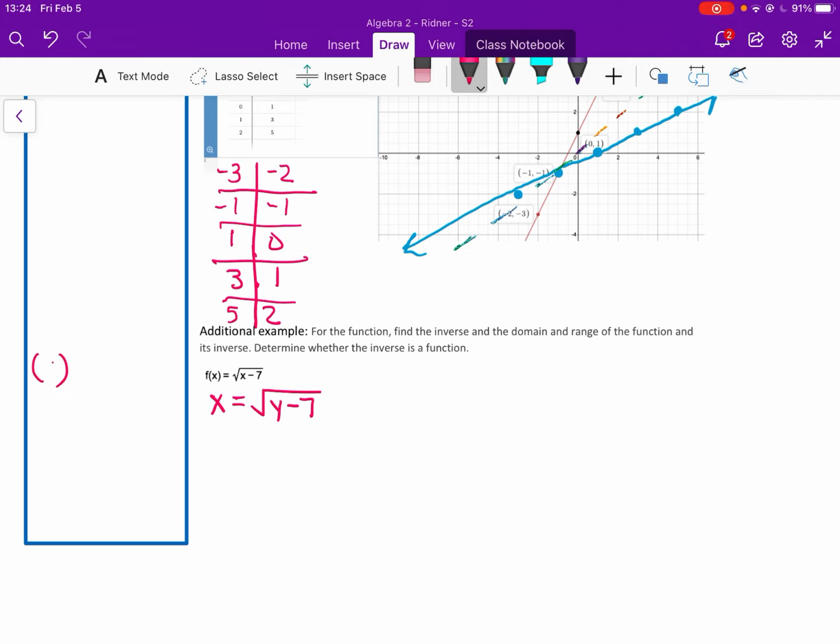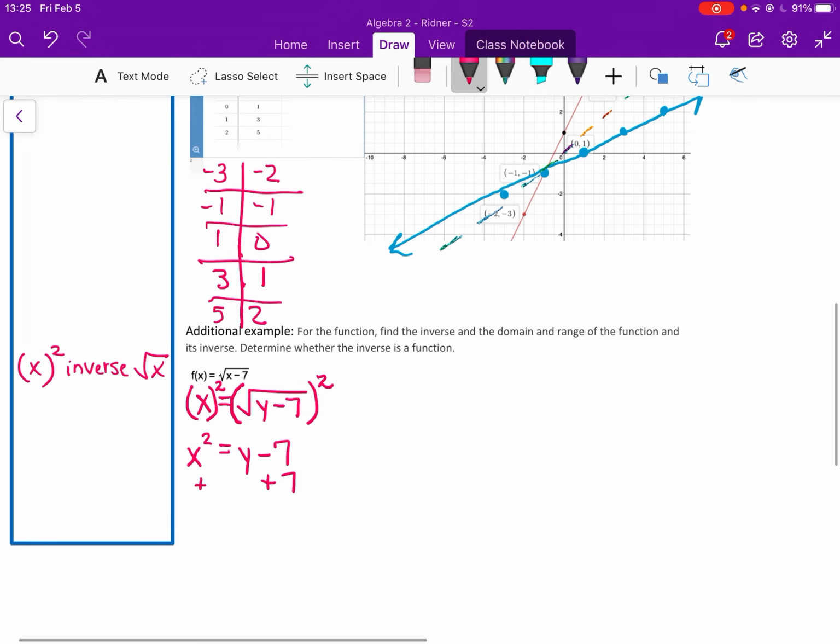Remember that squaring something is the inverse of square rooting something. So that means I need to square this to try to get y by itself. And then the last step to get y by itself is this.